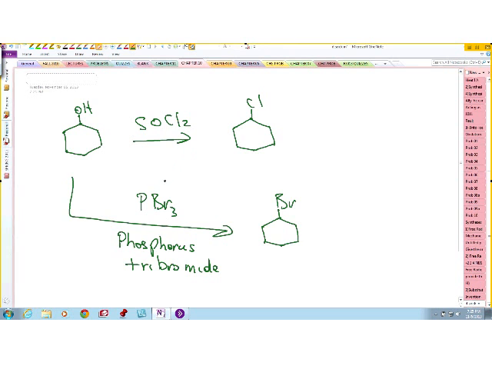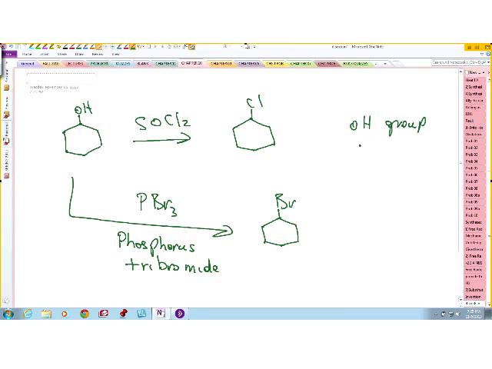Now, for both of these reagents, thionyl chloride and phosphorus tribromide, the OH group must be attached to a primary or secondary carbon. Let me write it down.